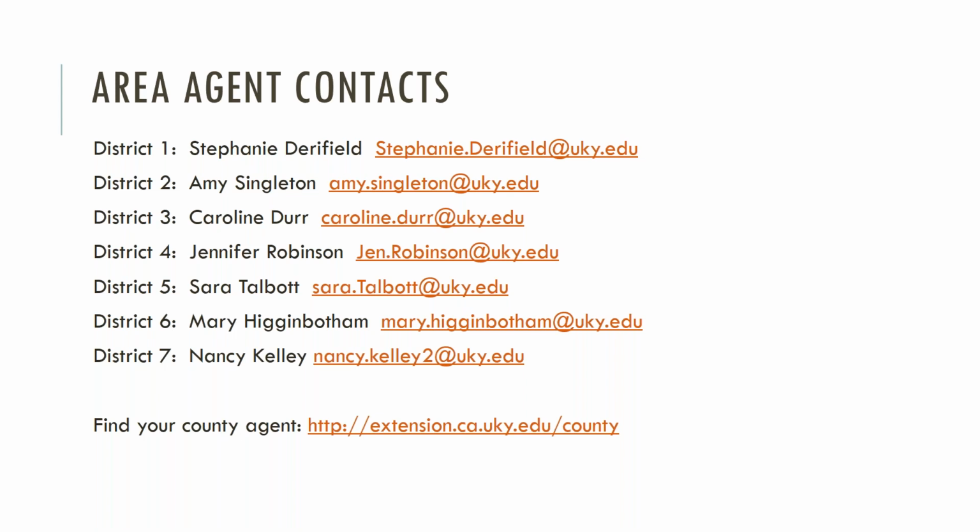There is also a website there where you can find your county agent. Down at the bottom, you might want to jot that down if you don't already know your county agent or the phone number for your county extension office. And there is a handout that provides you with a list of all the extension agents and folks, in addition to this, who have had our training.